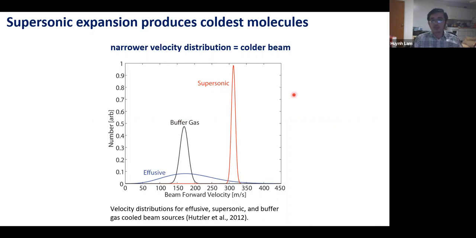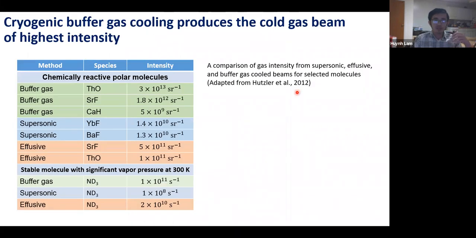However, there's another thing that we need to take into consideration, which is the density of the gas, or you can call it the intensity of the gas beam. Because if you don't have enough molecules in the gas beam, then it will be very difficult to do the experiment. If you have more molecules in the gas beam, it will be easier to do the experiment because you have more statistics.